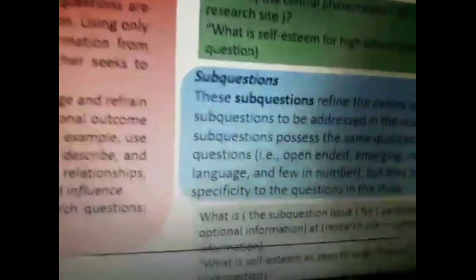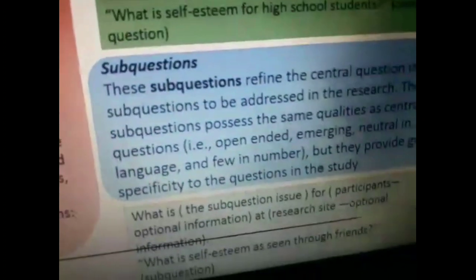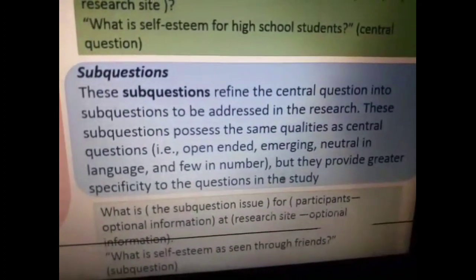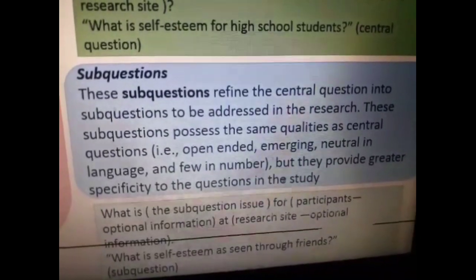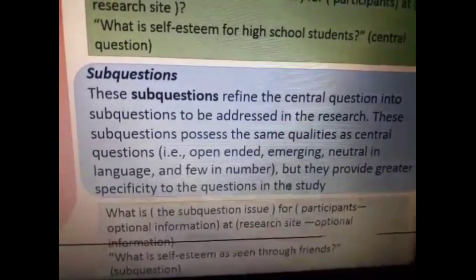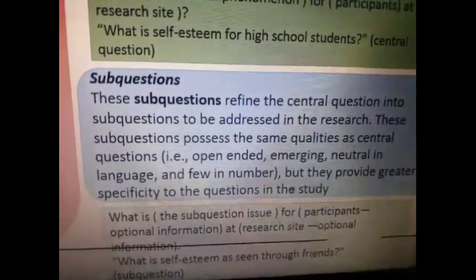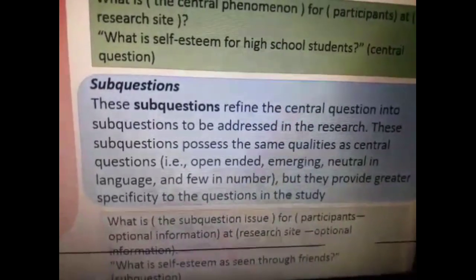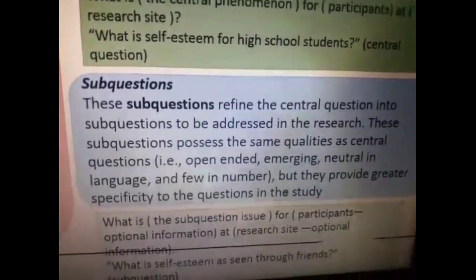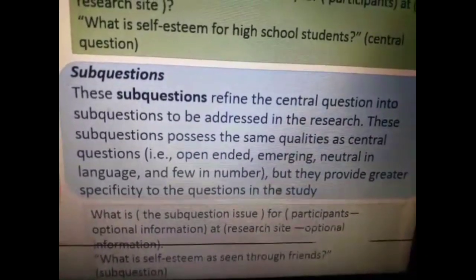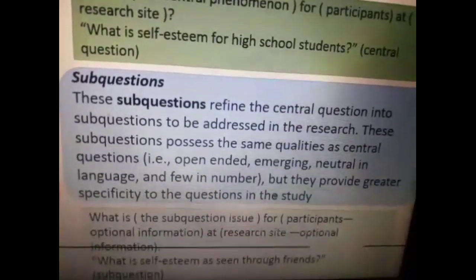And next is the sub-question. Sub-questions refine the central question into sub-questions to be addressed in the research. Usually, they are open-ended, emerging, neutral, and few in number, but they provide greater specificity to the question in the study.